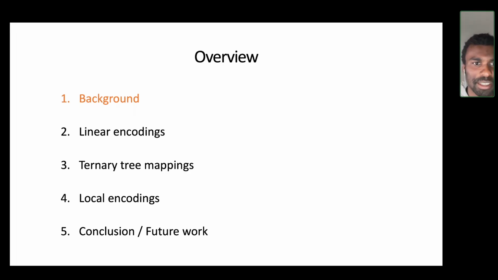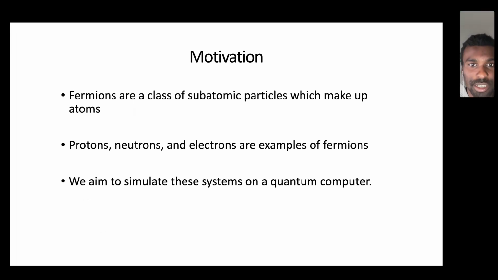Let's talk about some of the background. So, why fermion-qubit mappings? Why fermions? Fermions are a large class of subatomic particles that make up the things that make up atoms, like protons, neutrons, electrons, all the things that we'd want to understand if we're looking at, well, atoms.